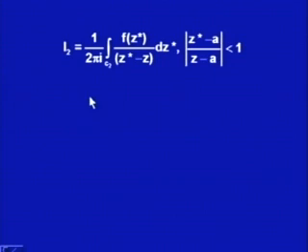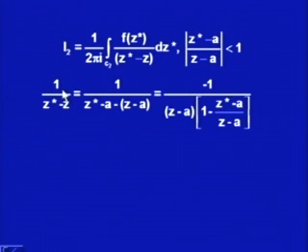Assuming this, I can expand 1 upon (z* minus z) part of this integrand as 1 upon (z* minus a) minus (z minus a), and then (z minus a) can be taken out, and this will be minus 1 of 1 minus (z* minus a) divided by (z minus a).